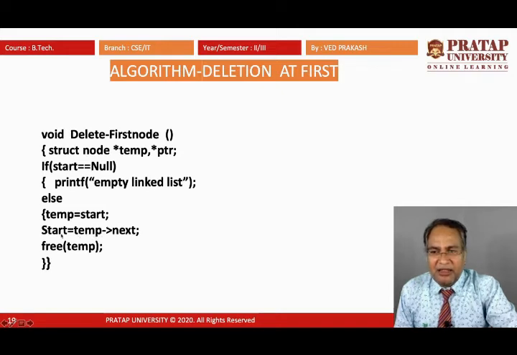So our start pointer goes to the second node, and after the start pointer reaches the second node, we have to remove or free the first node, because the first node is now held by the temp pointer, and I have to free this temp pointer. So that is the process of deleting the first node from a linked list.